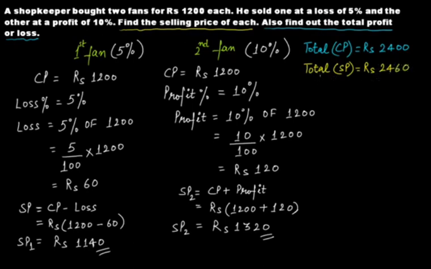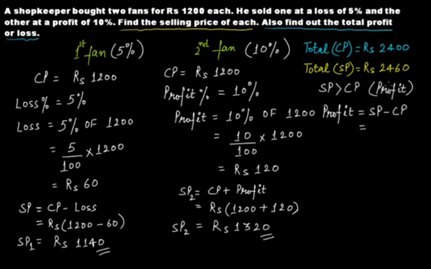Now tell me, isn't the selling price greater than the cost price in this case, right? And that means that you are actually making a profit. So if you combine these two, the profit is the total selling price minus the total cost price.